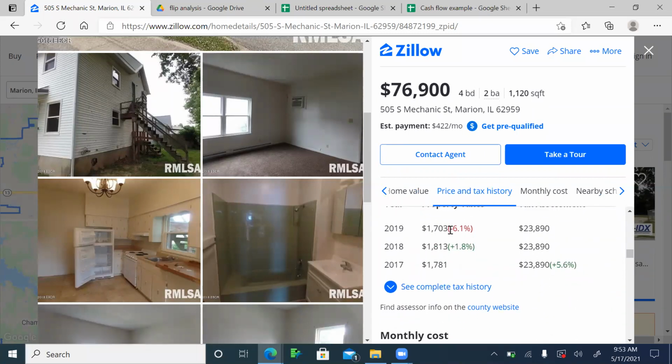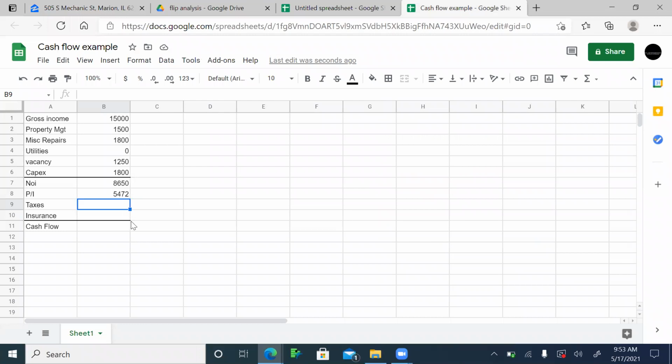Tax evaluation. Yes, there it is. So $1,700 a year. Like I said, my quote on my insurance was about $1,300.